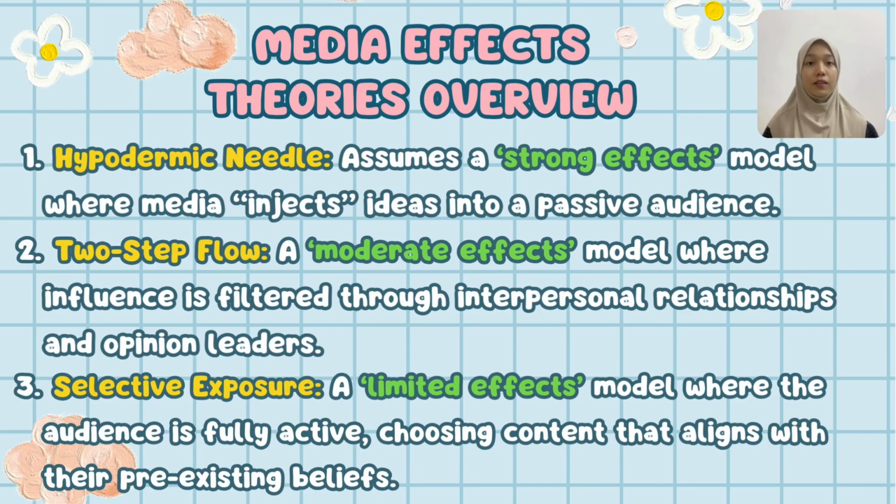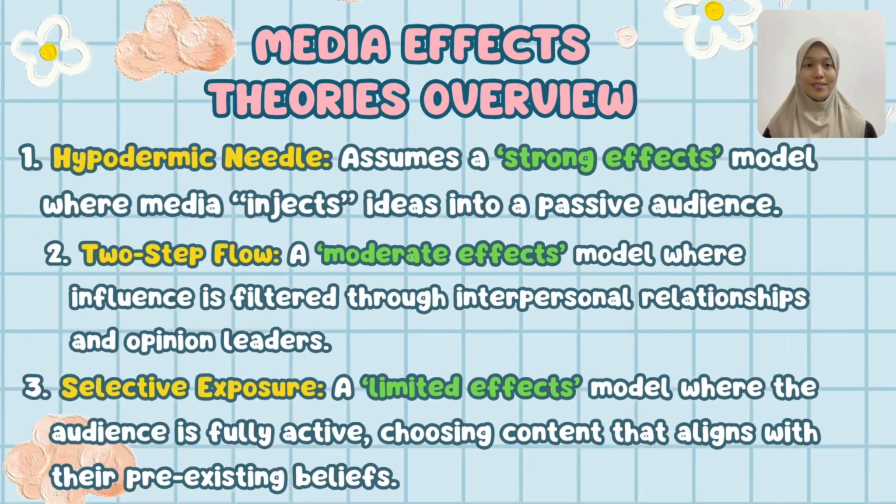Instead, it is filtered through social leaders. Finally, we have the selective exposure theory, or the limited effects model. This view shifts the power entirely to the audience, suggesting that we actively choose what to watch based on what we already believe. Essentially, we have moved from a time of media control to an era of audience choice.